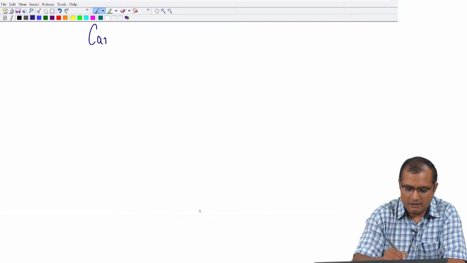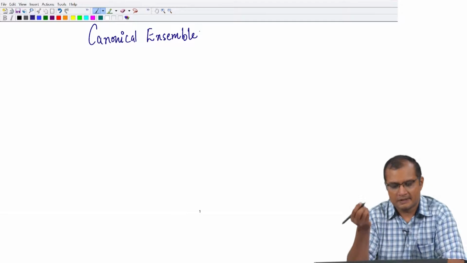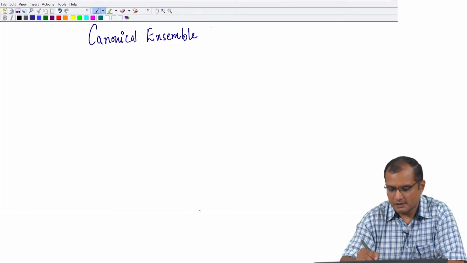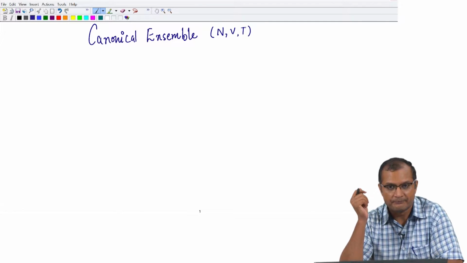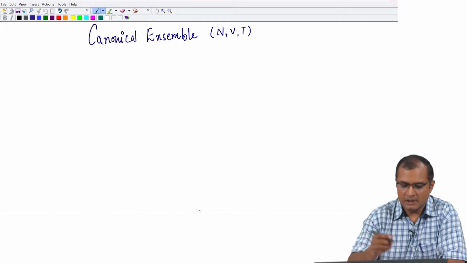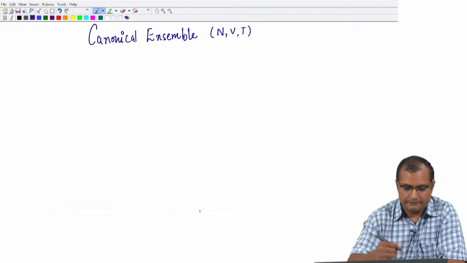So, the canonical ensemble is your first ensemble that allows fluctuations. In your microcanonical ensemble there were absolutely no fluctuations. It was an ensemble of constant N, V and E. In this ensemble I allow energy to fluctuate, thereby keeping temperature constant.